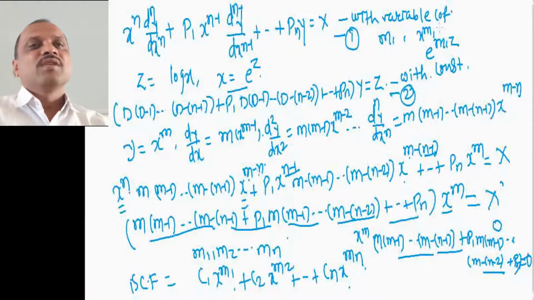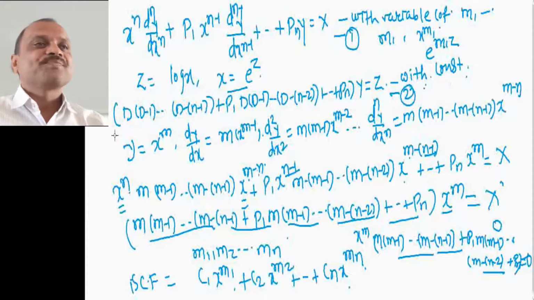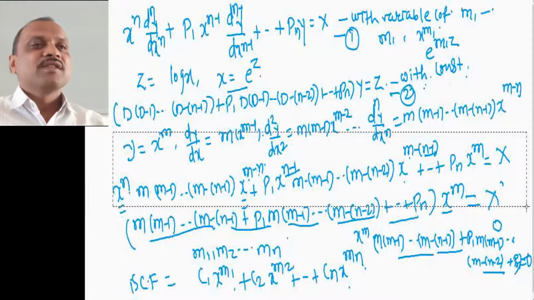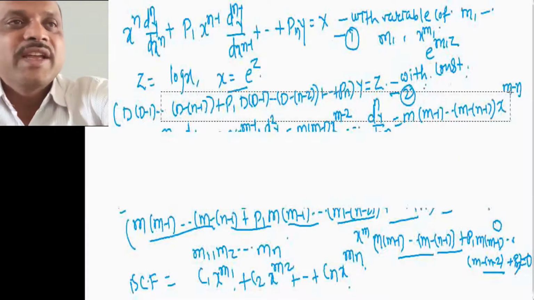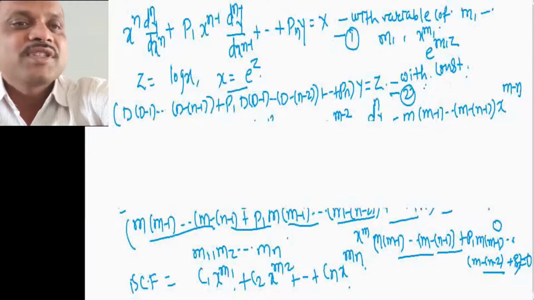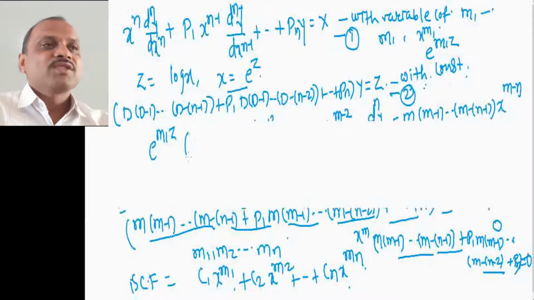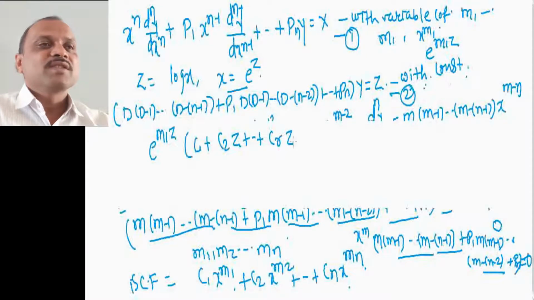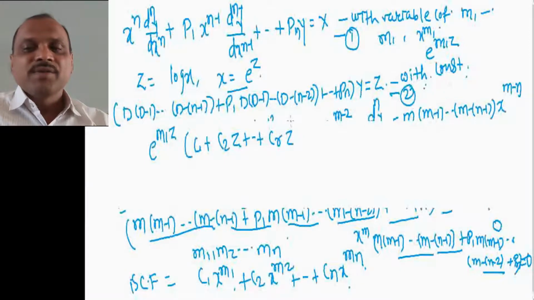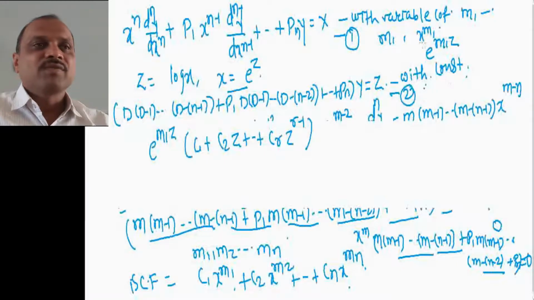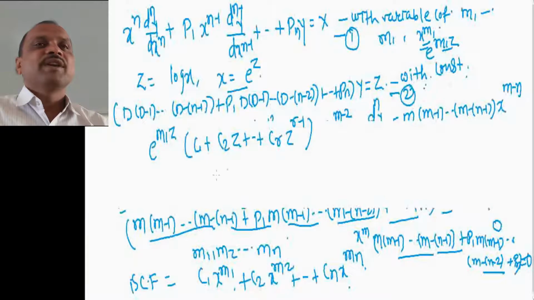If m1 is repeated r times, we know that for a linear differential equation with constant coefficients, when roots are repeated, suppose m1 is repeated r times, then the complementary function for this repeated root will be e raised to m1 z into c1 plus c2 into z plus up to cr into z raised to r minus 1, where m1 is repeated r times.